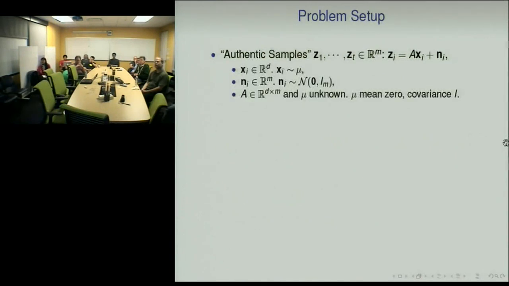The noise is assumed to be normal, or Gaussian, for the sake of this talk, but this is not really important. A is some unknown matrix, and the signal is zero mean with some covariance. It's not really important what the covariance is. You can change the covariance and push it into A, so we can assume without loss of generality that it's identity. So we have T samples, and those are the authentic samples.